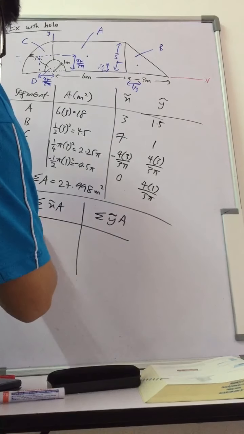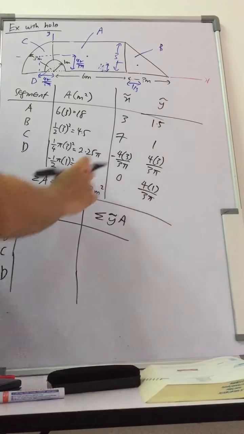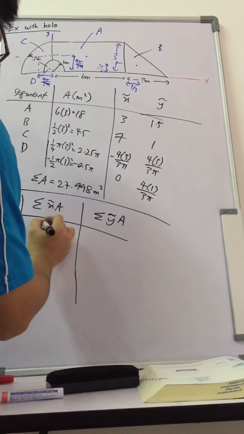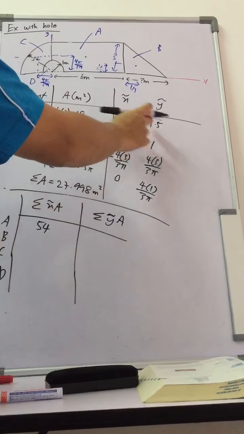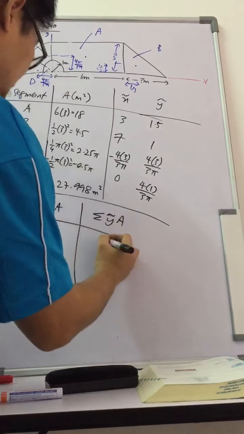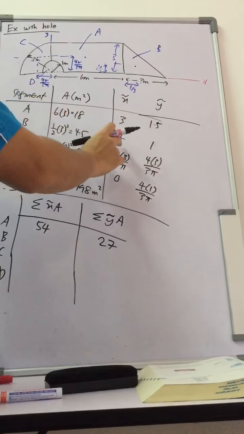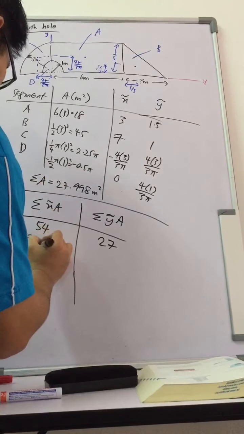You have A, B, C, D. So x tilde A, 3 times 18, it is 54, right? Y tilde A is 1.5 times 18, 27. And this x tilde A for B is 7 times 4.5, 31.5.